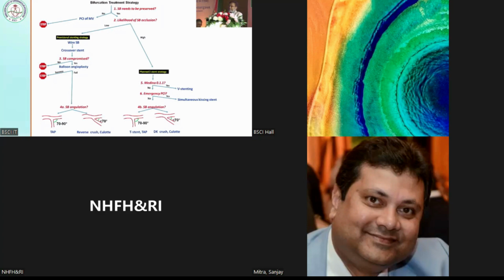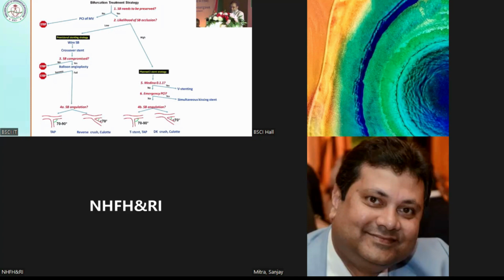If there is no likelihood of the side branch being jeopardized, then provisional stenting and wire the side branch, recross, and if necessary, second side branch. If there is side branch compromise, then side branch balloon angioplasty, KBI, and if there is significant compromise, then we shall have to think about side branch angulation.